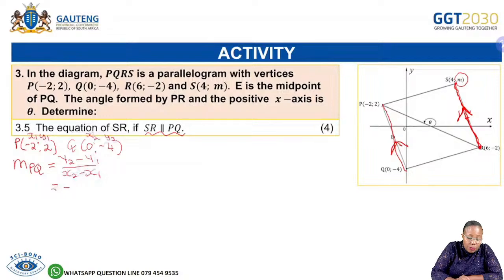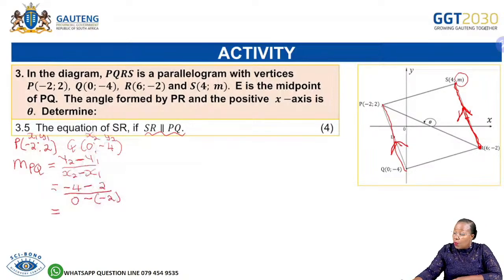So y2 is -4, minus from the formula, y1 is 2, over x2 which is 0, minus from the formula, x1 which is -2. Now into your calculator, grade 12, straight to the answer, we end up with a gradient of -3.